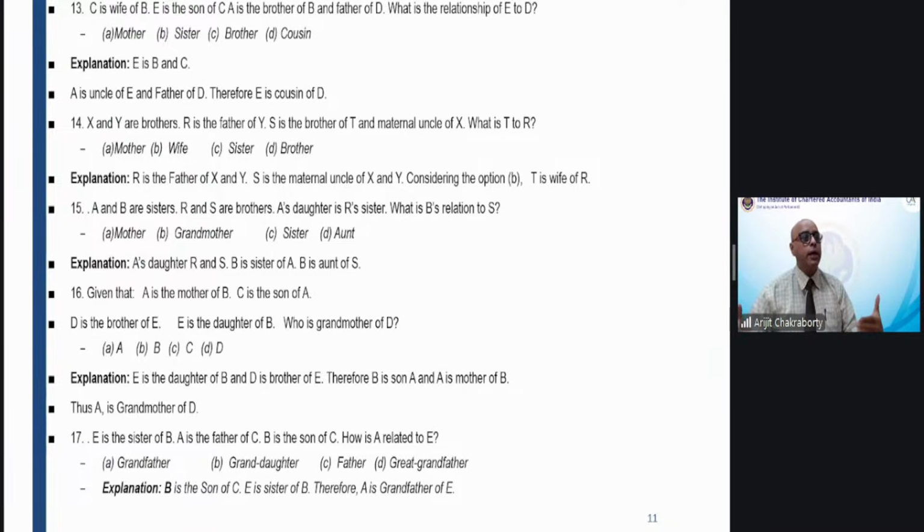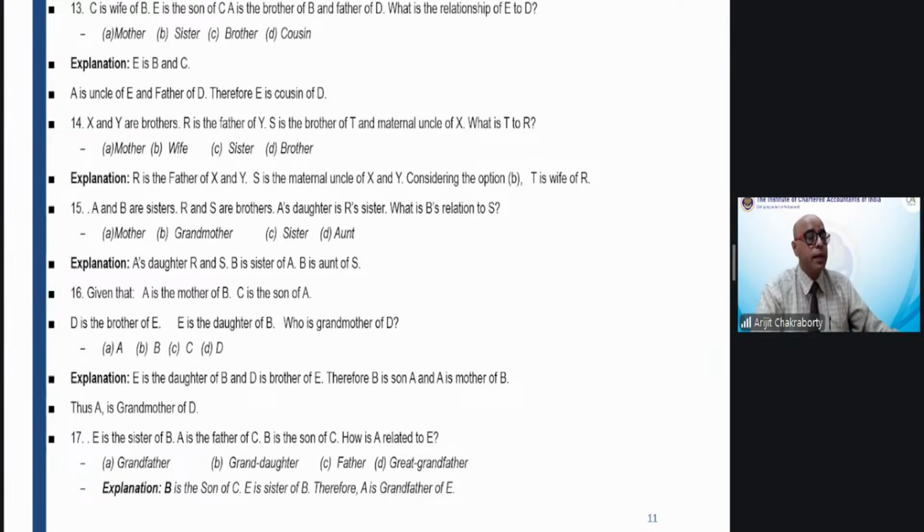If you see E and D, you will find that they belong to the same generation. E's father's brother's child is D. So the only relation which fits is cousin. So option D is the right answer.